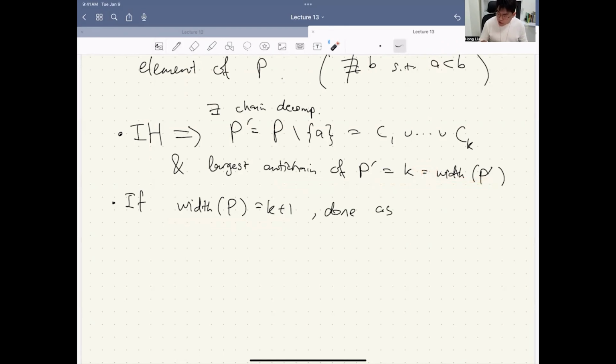We just need to find a chain decomposition of size K plus 1. You just view A as a separate singleton chain. We have a chain decomposition of P of size K plus 1 as C1 through CK union the singleton A.